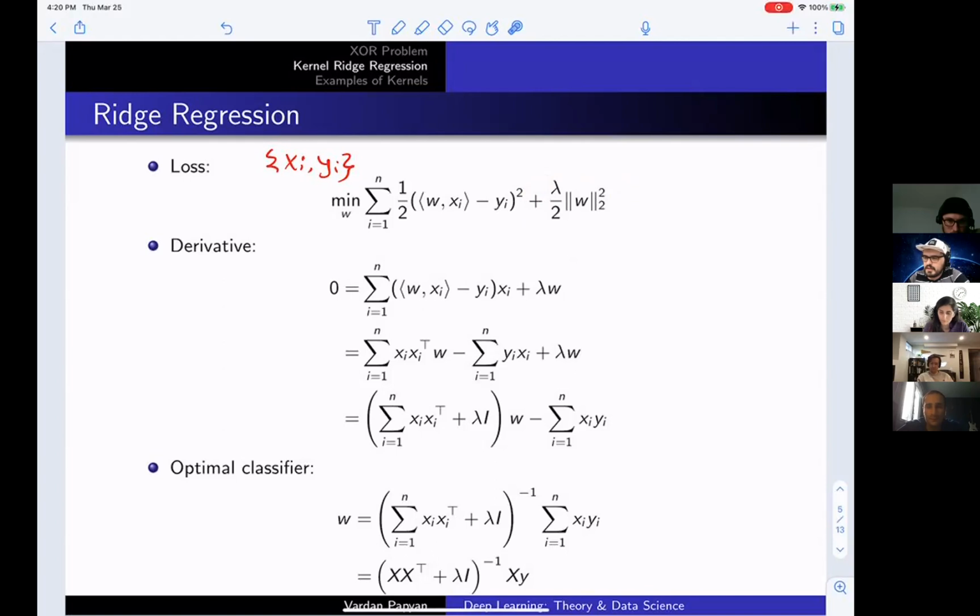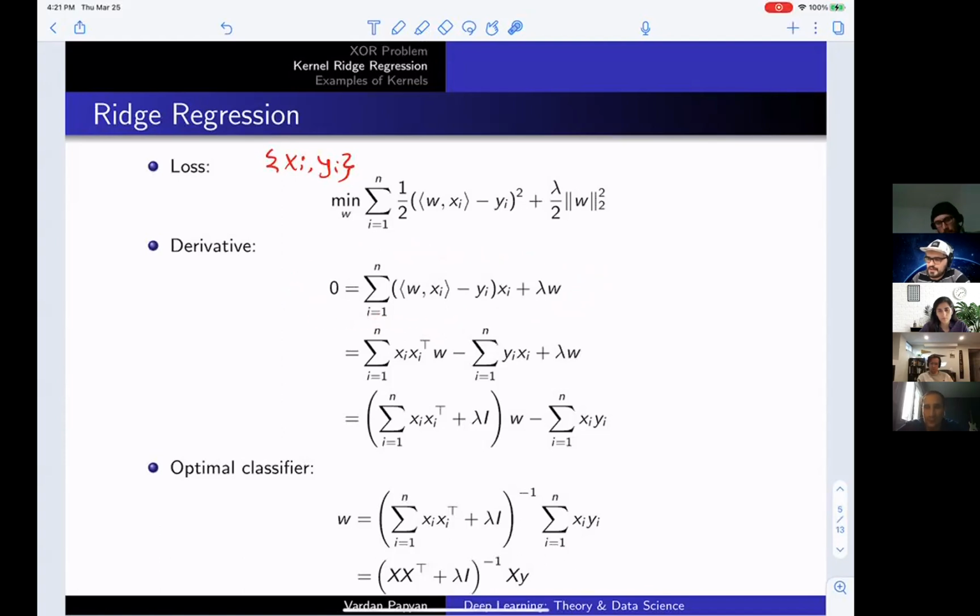Now, one can easily solve this optimization problem in closed form just by calculating a derivative with respect to W, which is what we care about, right? And we actually did similar things, if not exact things, in previous lectures, so I will not go through the details. But what's important to see is that I'm just calculating the derivative with respect to W and equating it to 0.